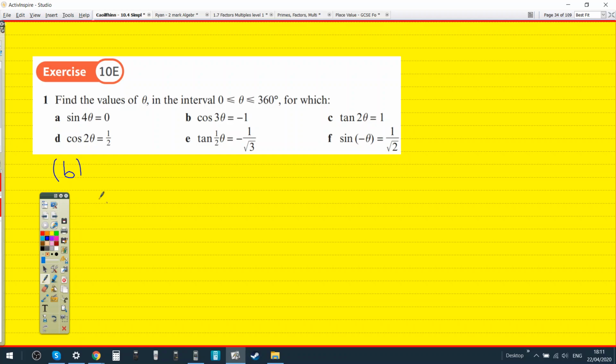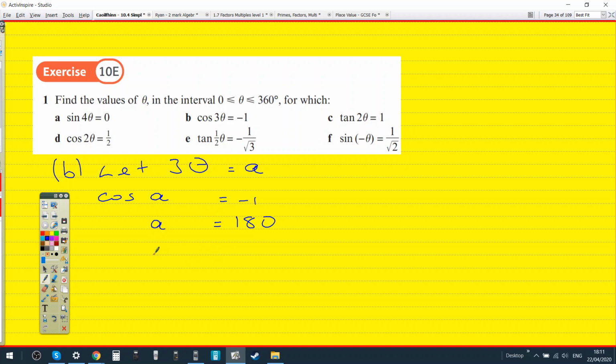Let 3 theta equal a, and then cos of a equals -1, and then a equals cos to the -1 of -1, which is 180, and then do 360 minus 180, so we get 180.